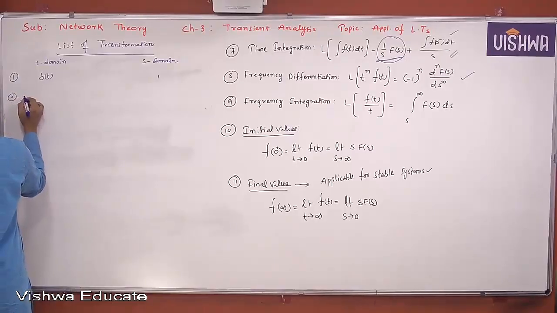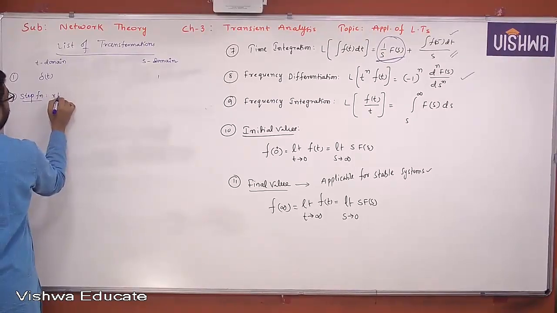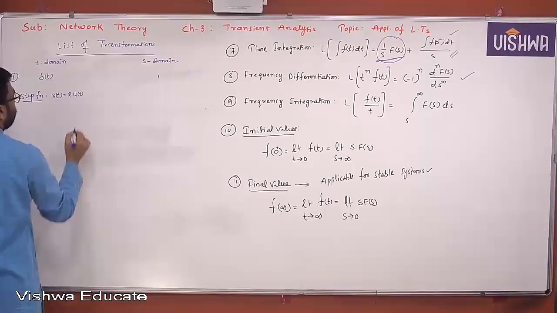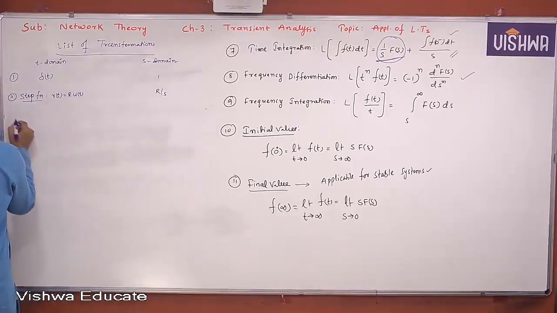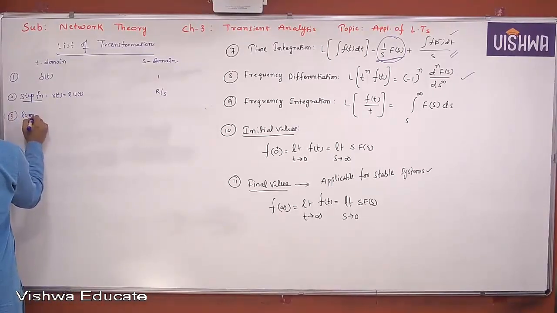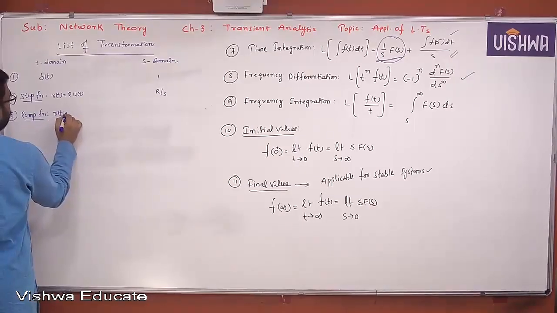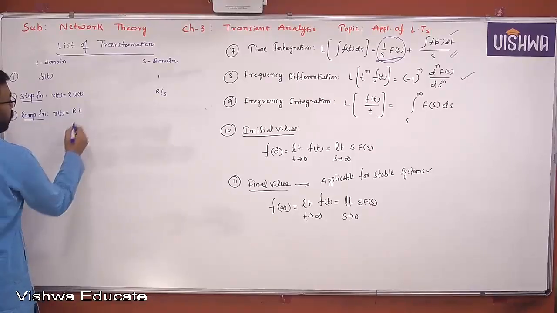If you take unit step or step input, step function, that is r of t is equal to capital U of t, then what do you get here? R by S. Yes or no? Third one is a ramp function. r of t is equal to R t U of t.